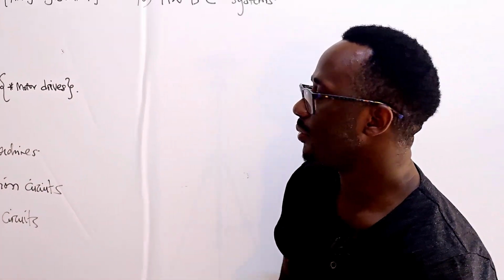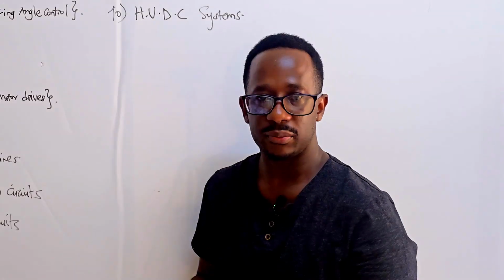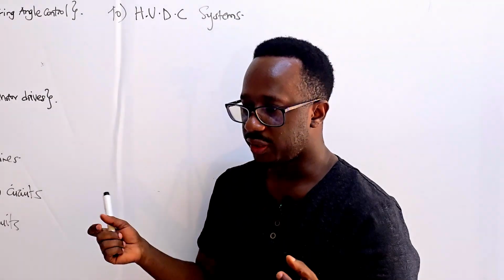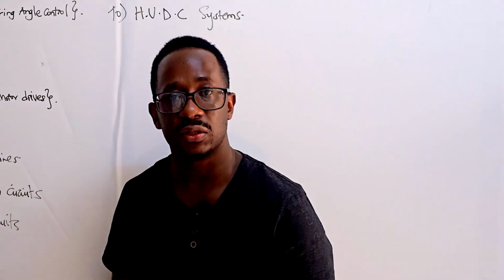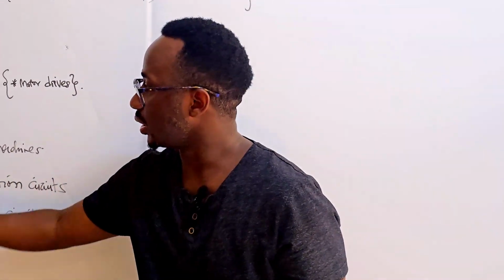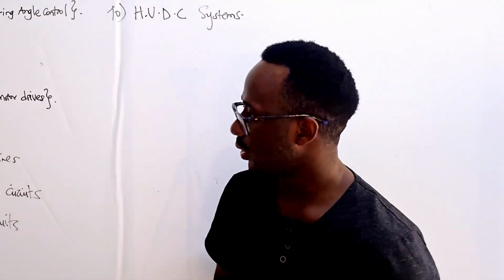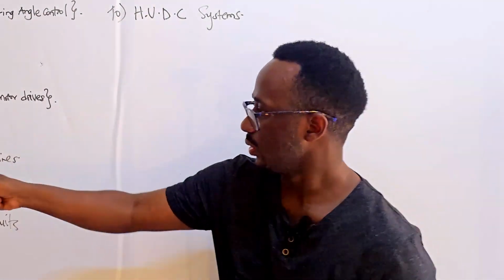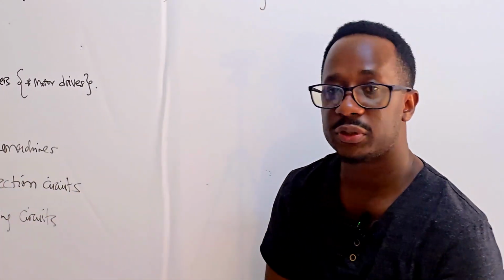Electric welding machines: I'm quite sure we have seen one electric portable welding machine somewhere. Trust me, there are thyristors on the inside, because they have the ability to handle huge amounts of power rather than an ordinary diode. We can also have overvoltage protection circuits.